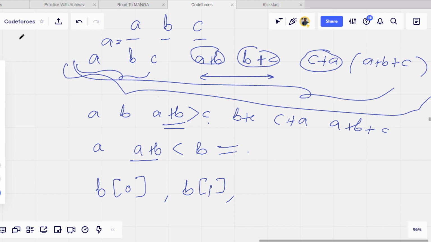Why? Because the last element is the sum of all the three numbers, and we have the two numbers, so we can get the last number. So it will be b of 7, not sorry, b of 6 minus b of 0 minus b of 1. Okay, this is the thing. So this is the answer to this particular problem.